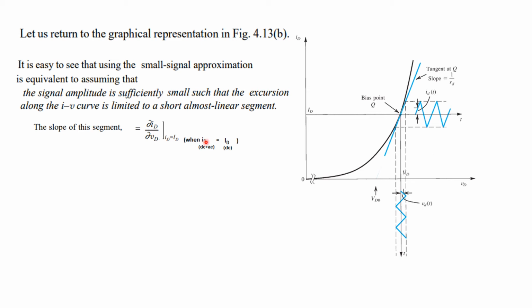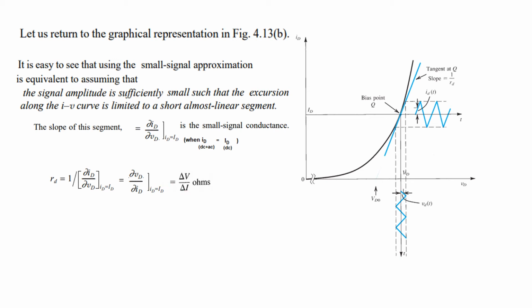So iD, that is DC plus AC, is approximately equal to IDC. And this is the small signal conductance, as we had mentioned earlier also. And now the resistance is 1 over conductance, so it will be curly vd over curly id. And now this can also be written as delta V over delta I.